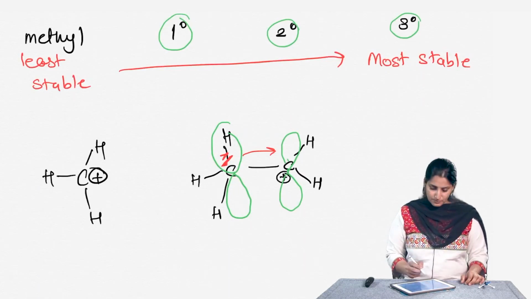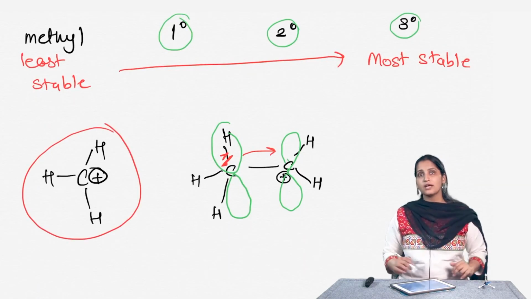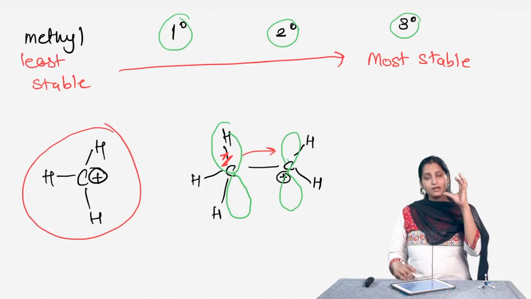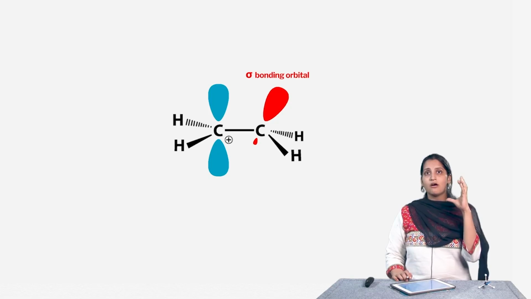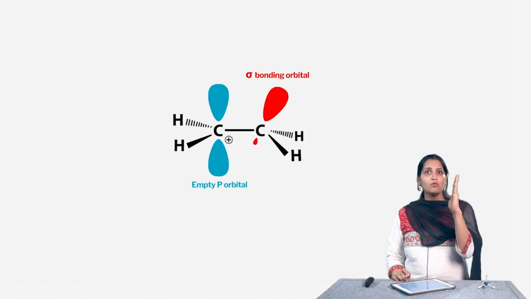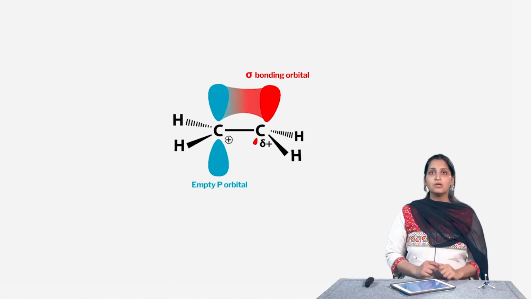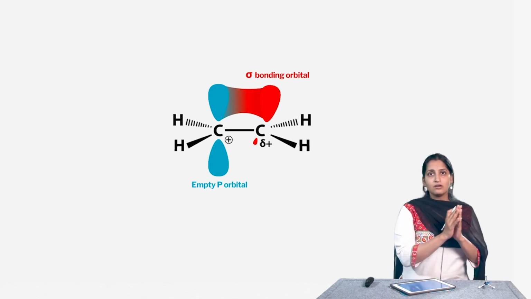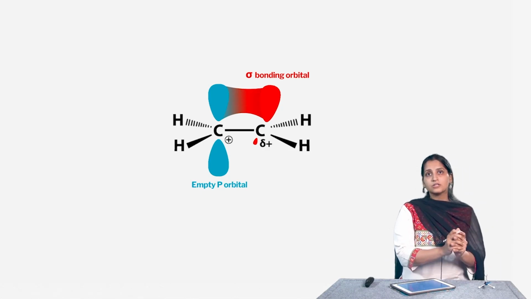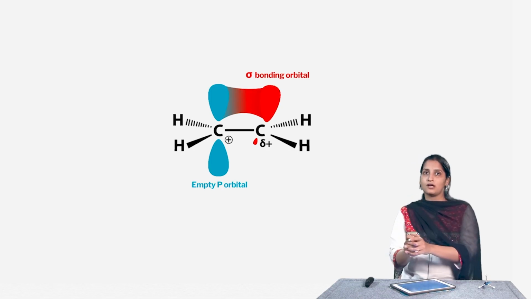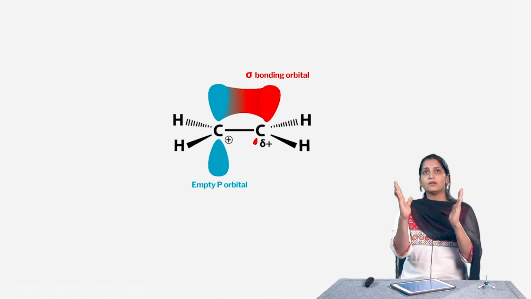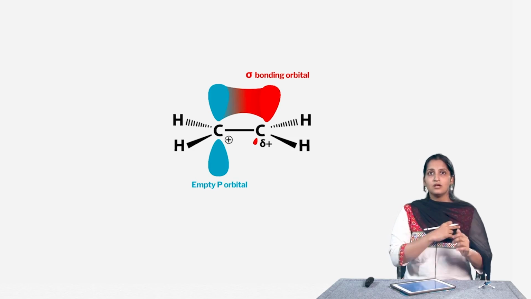No such overlap is possible here. In the methyl carbocation you cannot have that overlap, but in this case the CH bond electrons of the adjacent carbon can overlap slightly with the empty p orbital. Remember, I am not moving the electrons, we are not taking the electrons from the CH bond and putting them on that carbon. It is just a polarization, a slight movement towards that positive charge, right.